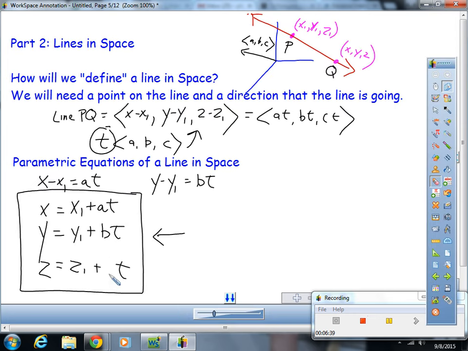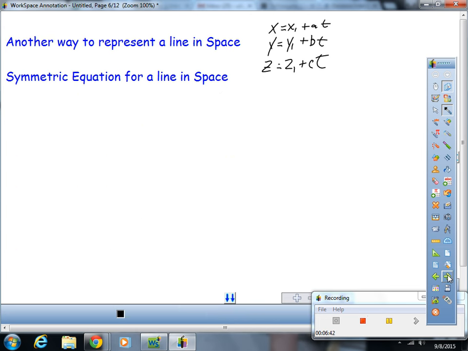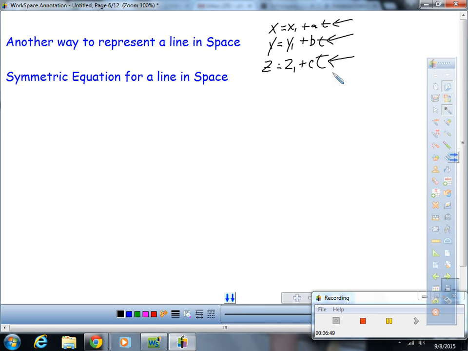Okay, well, if you remember, this t was some constant that we multiplied by that black vector on the last page. So that t represents the same t in each one.